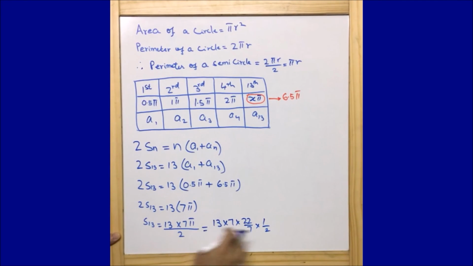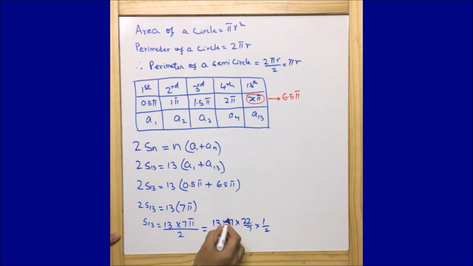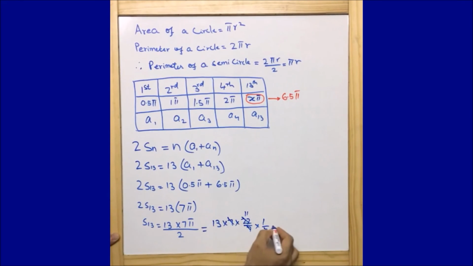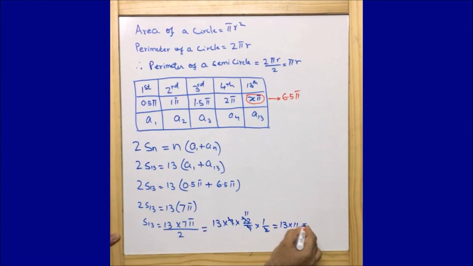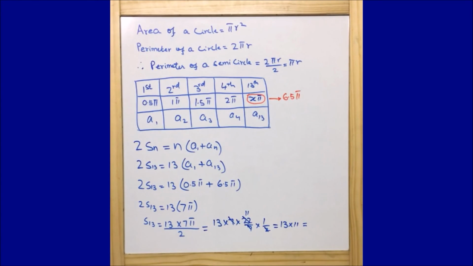This 7 and this 7 cancel off, and this 2 and this cancel off. We are left with 13 into 11, and 13 into 11 is nothing but 143. So guys, we are able to find out the value of S13 is 143.